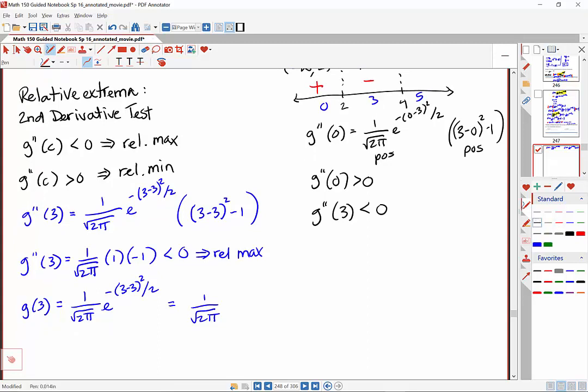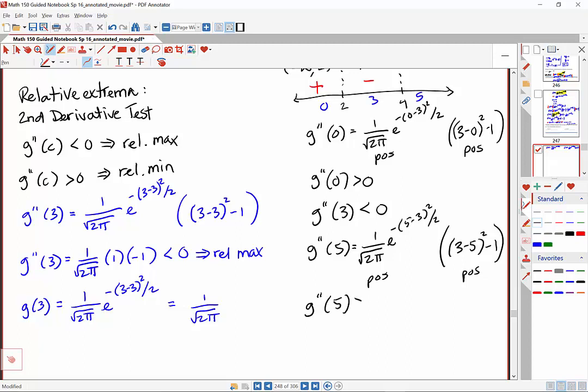And then g double prime at 5 is going to be 1 over root 2 pi e to the negative 5 minus 3 squared over 2 times 3 minus 5, the quantity squared, minus 1. So that's going to be a positive, and this is going to be a positive. So g double prime at 5 will be greater than 0. Okay.